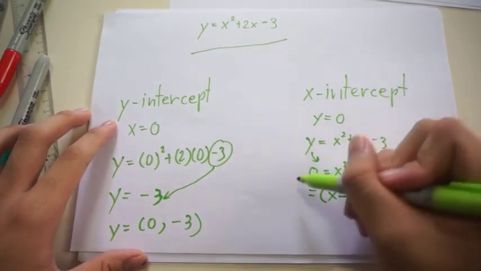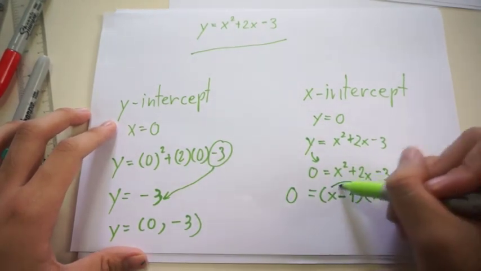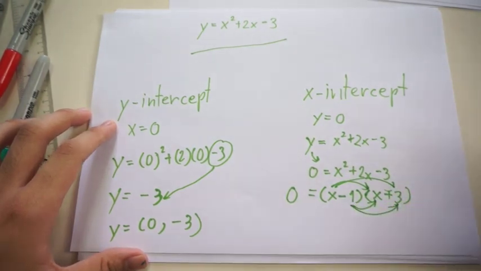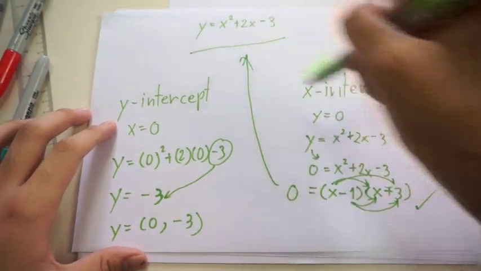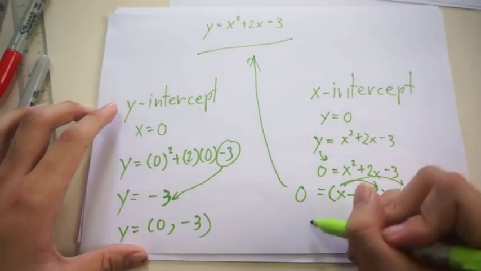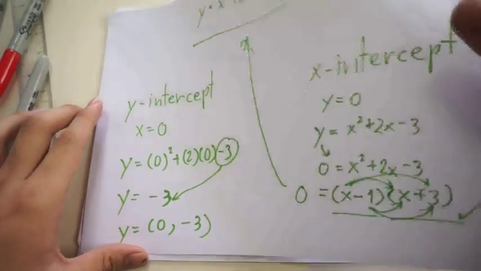To prove whether this is right or wrong, basically you multiply the numbers back, and then you see that we will get the same equation. And now we will have these two brackets. What do we do next?